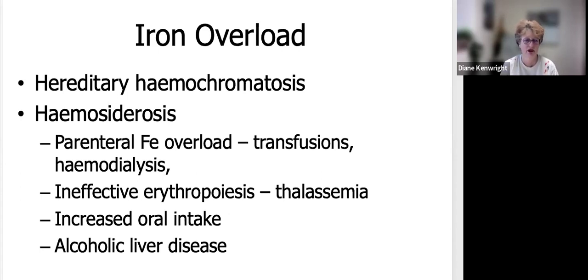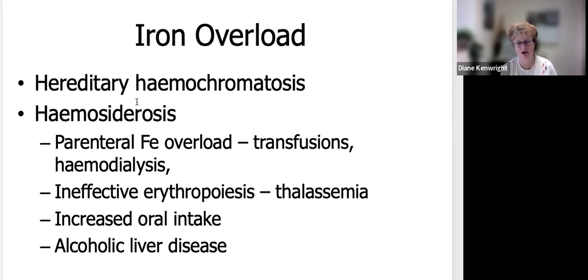Okay, let's think of iron overload now. So iron overload can be divided into two categories. There's the non-genetic iron overload from just taking in too much iron. And then there's hereditary hemochromatosis. In hereditary hemochromatosis, there's a defect in iron absorption, which doesn't get shut off when the iron stores are full.